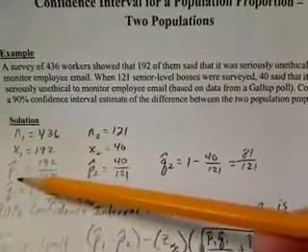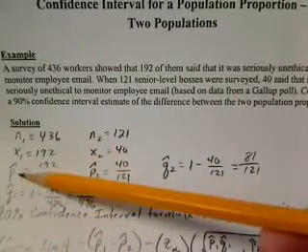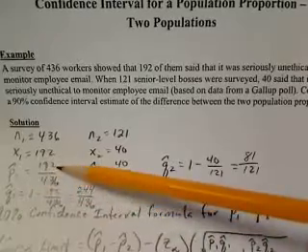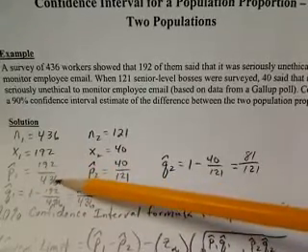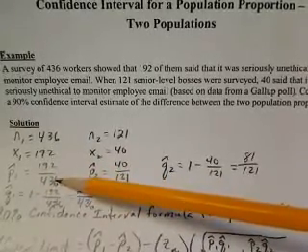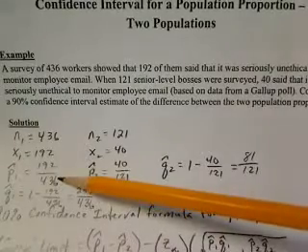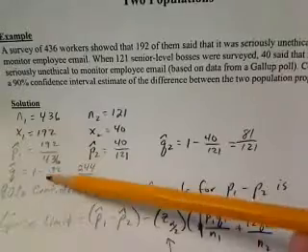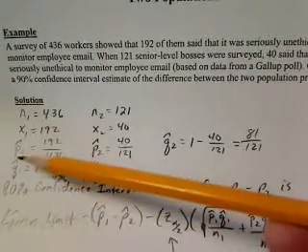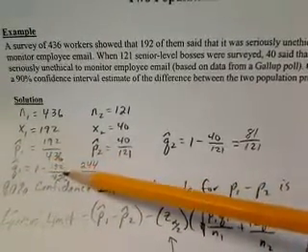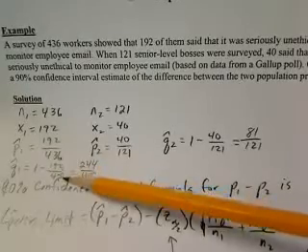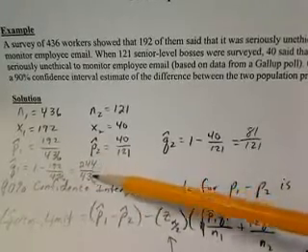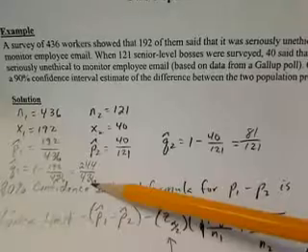So the proportion, p hat 1, is 192 out of 436 who said it was unethical to monitor employee email. Simplifying that down, we can find q hat 1, which is the complement of p hat 1, and that's 1 minus 192 over 436, or 244 over 436.